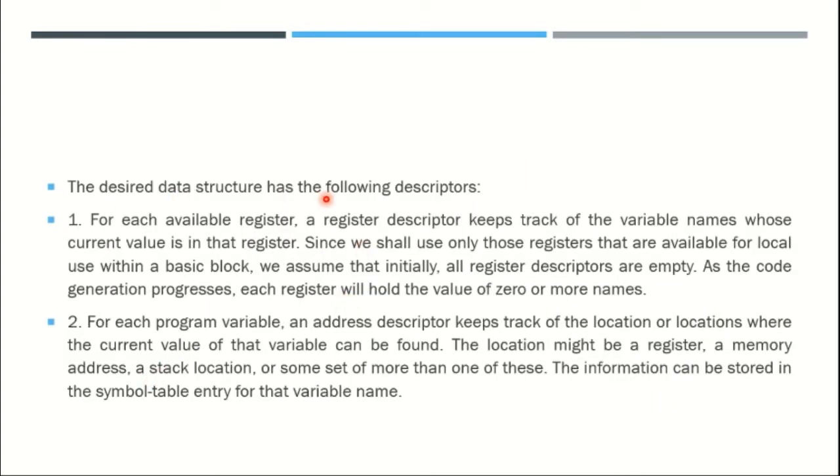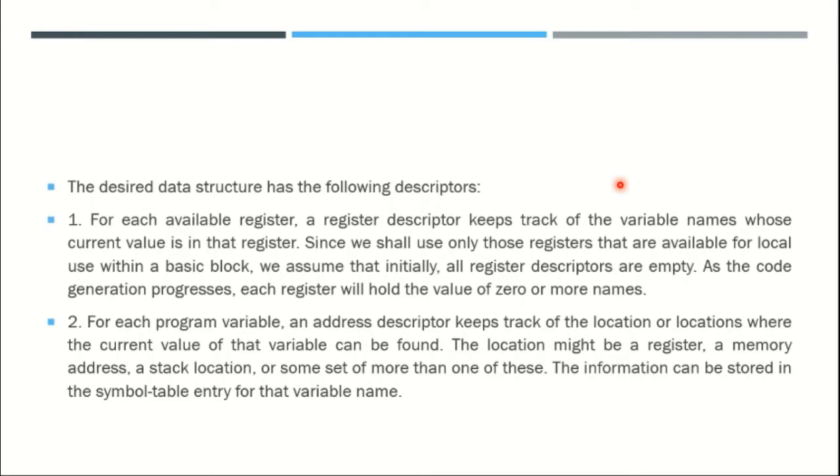For that purpose, the data structure has basically two functionalities: for each available register, a register descriptor, and an address descriptor. The register descriptor keeps track of the variable names, that is, whatever variables are currently held in some registers.